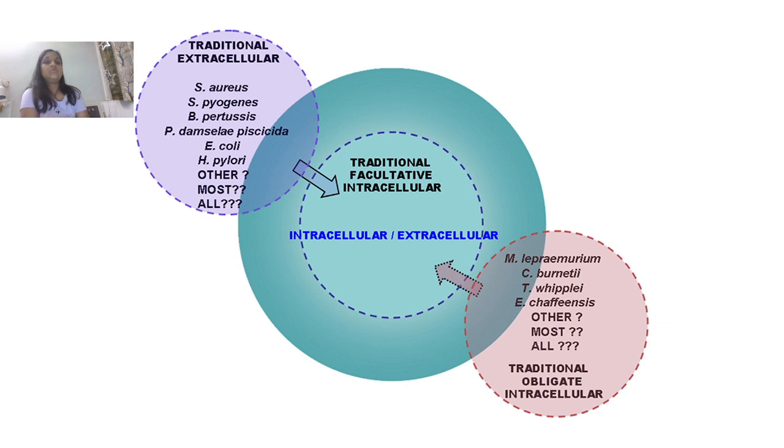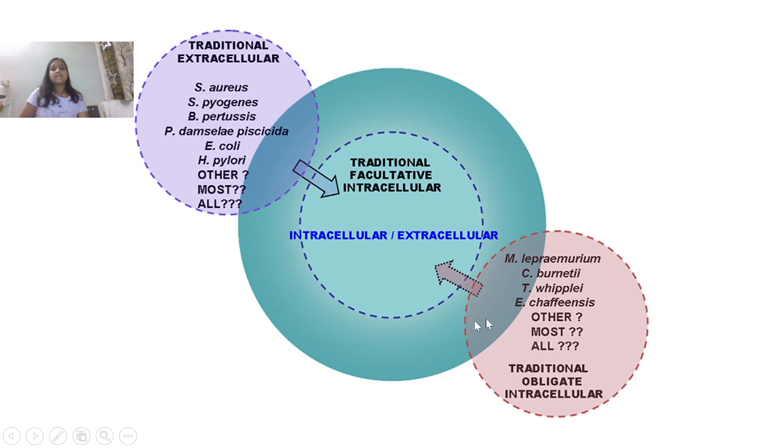So extracellular bacteria include Staphylococcus aureus, S. pyogenes, B. pertussis, E. coli, H. pylori, etc. All these are known to cause different kinds of diseases, whereas obligate intracellular means they can only survive inside our host system. These are Lepremurium, Burnetii, Whippley, Staphylococcus.